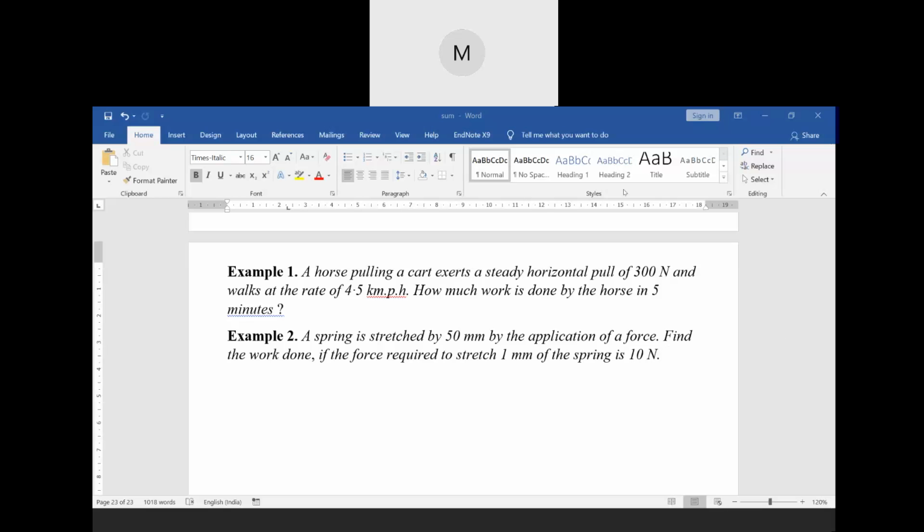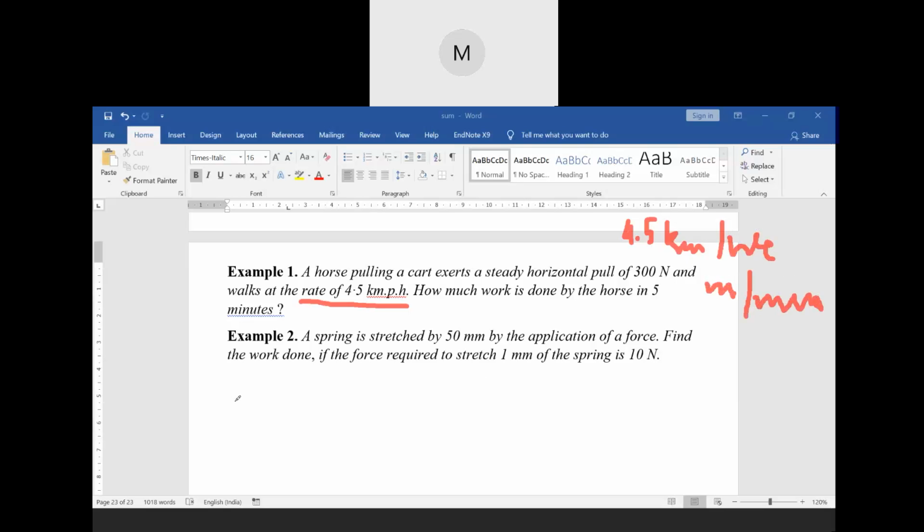Okay, so how to do this? Look, I'm telling you now. First of all, the speed is given as 4.5 kilometer per hour. You have to convert this into meter per minute.